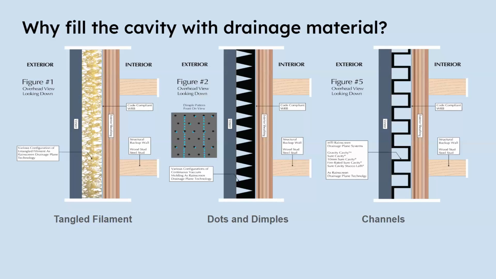Importantly here, and I'm going to make a point for MTI: MTI utilizes the channel technology in all of our drainage mats and weeps because we believe we're putting less material in the cavity, and that's going to offer better opportunity for actual drainage of the water itself rather than impeding it or allowing it to flow in a direct channel straight down the wall and out the bottom.